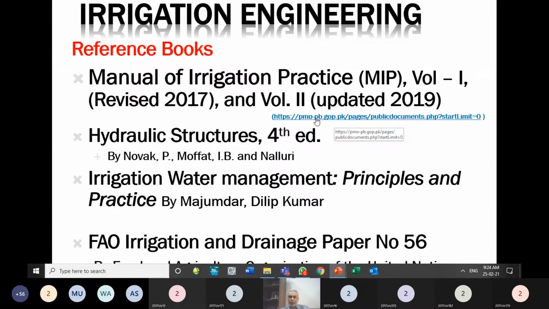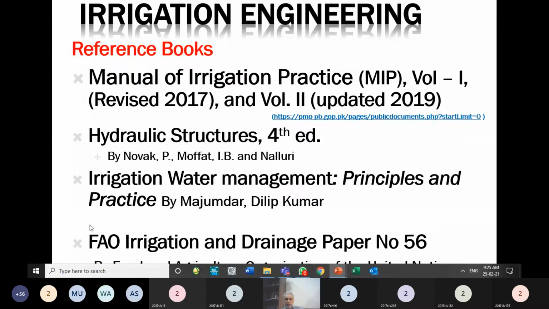PMO, the Project Monitoring Organization, is a subsidiary of the Punjab Irrigation Department. They are mainly monitoring the irrigation projects. So they have made this manual of irrigation practices that covers all the topics which we are teaching here. So that is a good reference material.